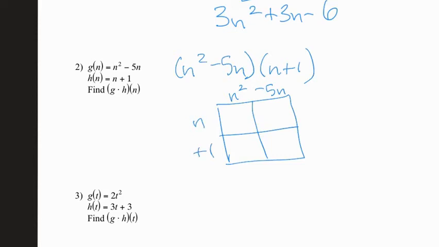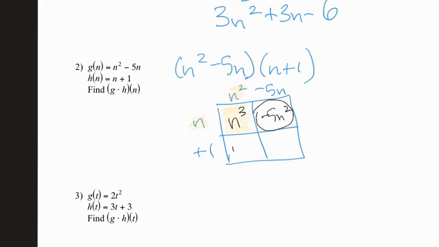So for this one, this particular box, sorry, that should be a highlighter, I'm still learning this program. All right, if I want to fill in this particular box right here, I have to multiply n squared times n. So let me actually do that. That is n cubed. So then for this next box right here, I have to multiply negative 5n times n.